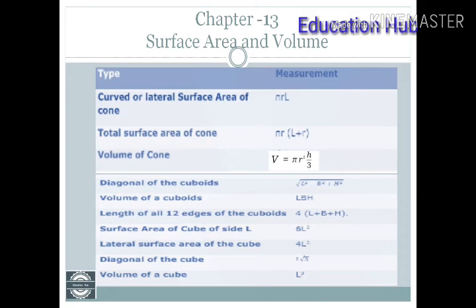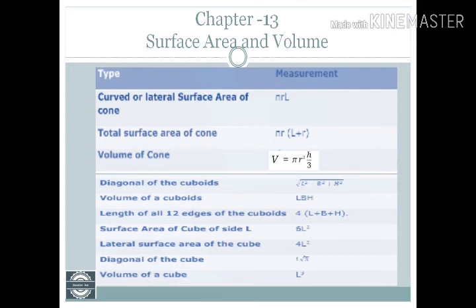Similarly, the diagonal of the cuboid is the square root of l square plus b square plus h square. Volume of the cuboid is lbh. The length of all 12 edges of the cuboid is 4 into l plus b plus h.